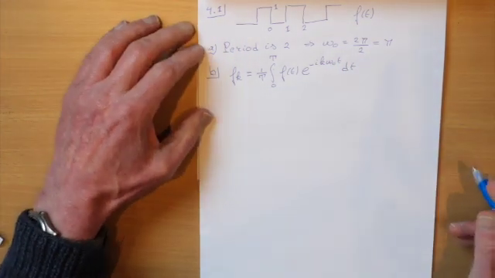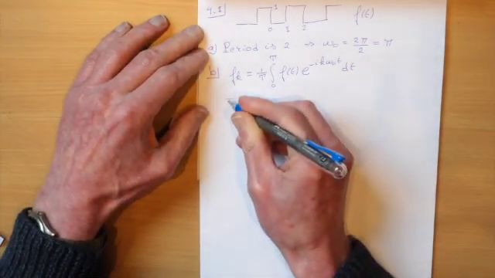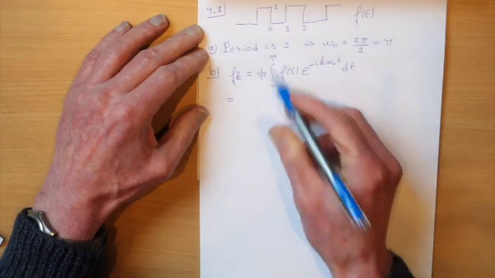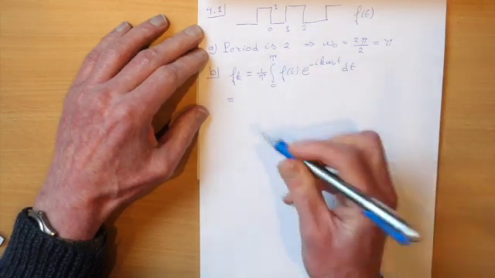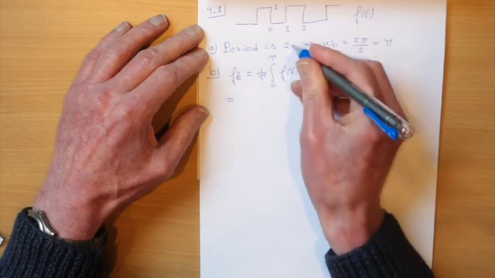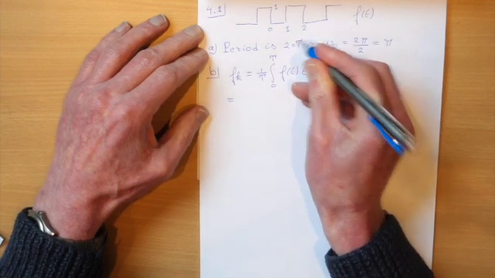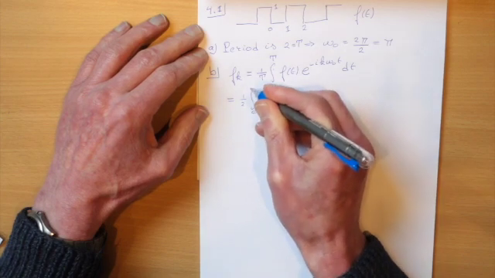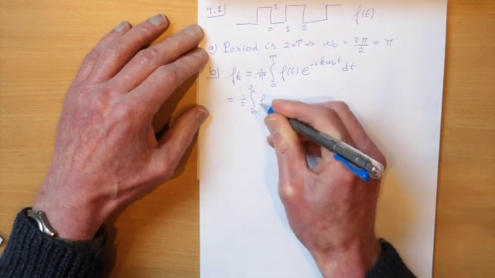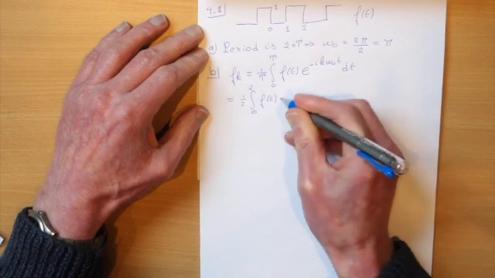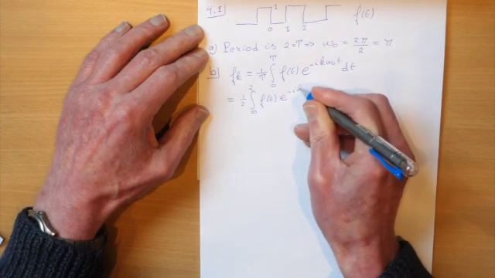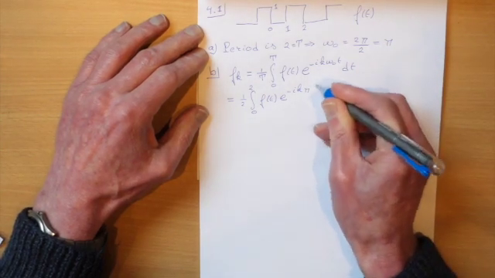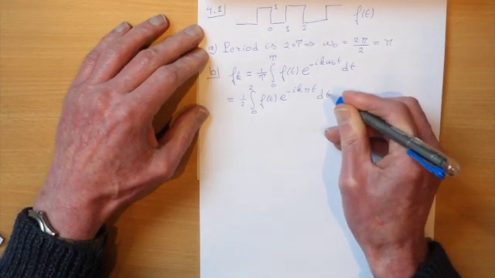The first step is to plug in what we know. We know omega 0 and we know the period T is 2. So we have a half integral from 0 to 2 f of t e to the power minus i k pi t dt.